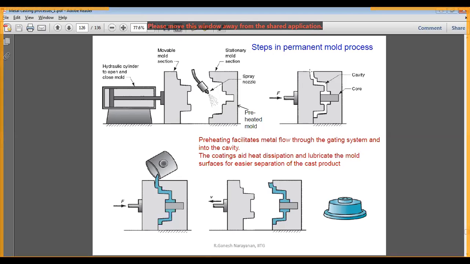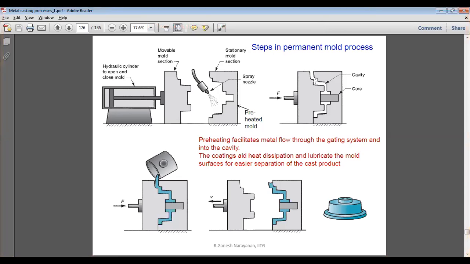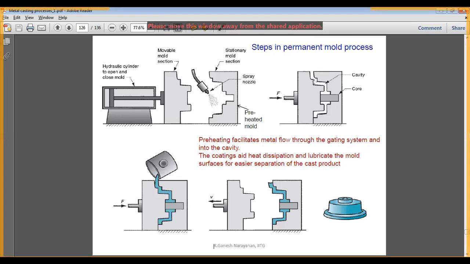You can see this is the screw, and this is the space from where the molten metal is coming down. This is the screw, and then this is the cavity. Through the ingot, molten metal enters inside the cavity, and the core blocks the way so that it produces a cavity inside the cast product. So this way the molten metal comes down and completely fills the cavity.